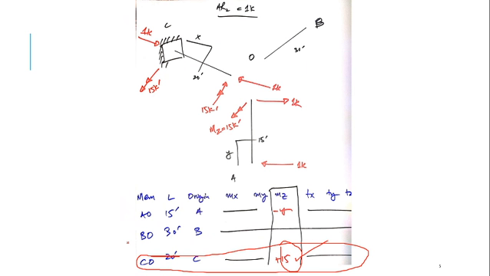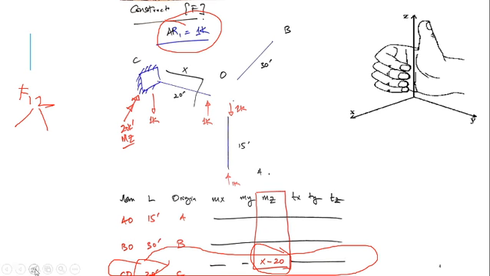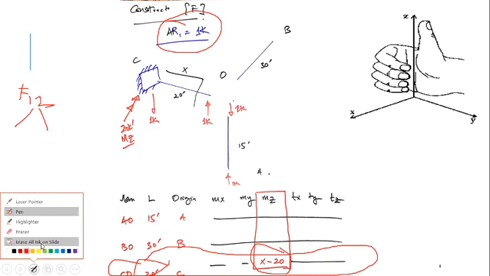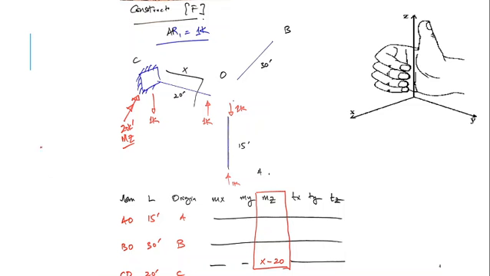Okay, let me go back for f13. I'll clear all these things, erase all things from here. I have to find f13, so f13 would be equal to f31. I have to deal with the moment table constructed for this.